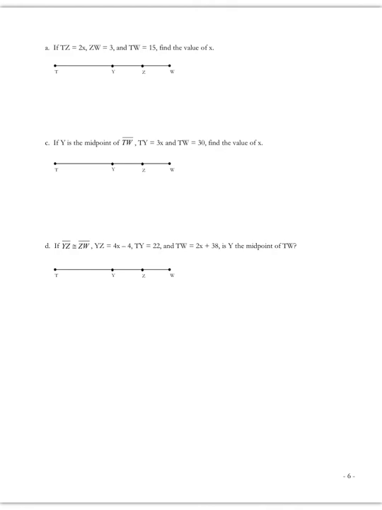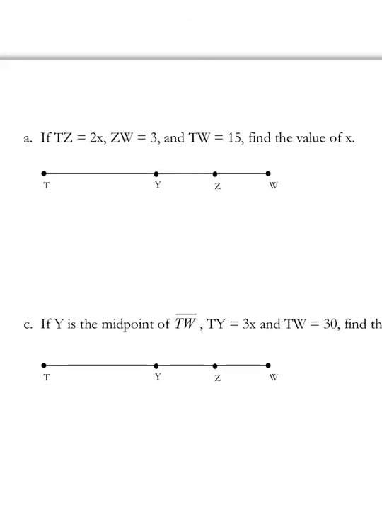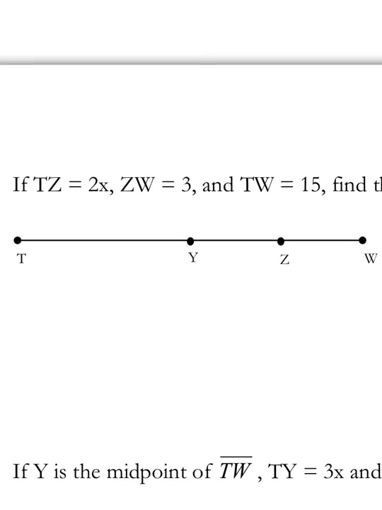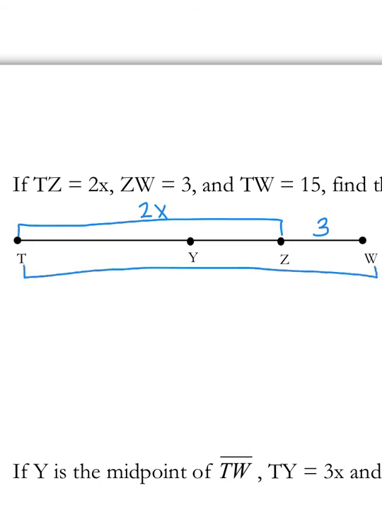Here is 3 different problems. We're not going to go through all of them. We're going to set them all up though. So TZ is 2x. So I'm going to put in TZ, and that's 2x. ZW is 3. And TW, so this whole piece, is 15.